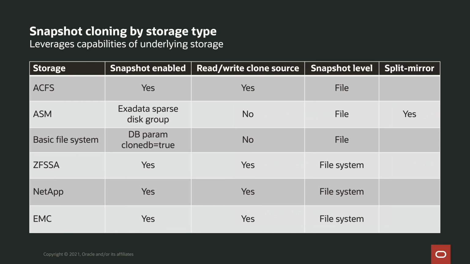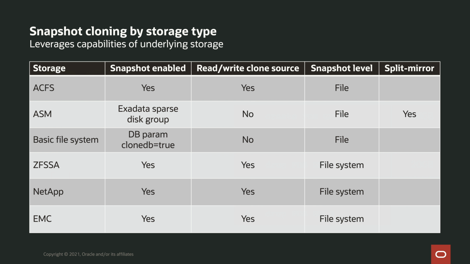The next slide summarizes this and other important capabilities across various storage technologies. For each type of storage listed, we see how snapshots are enabled, whether clone sources are read-writable or must remain read-only, whether snapshots are taken at the file level or the file system level, as we've just discussed, and whether split mirror cloning is possible.